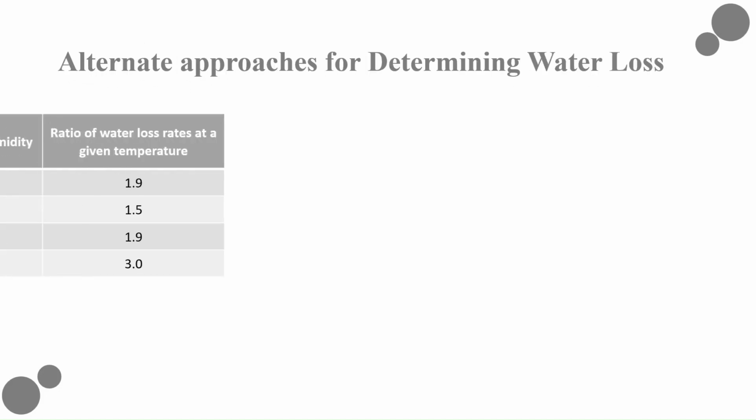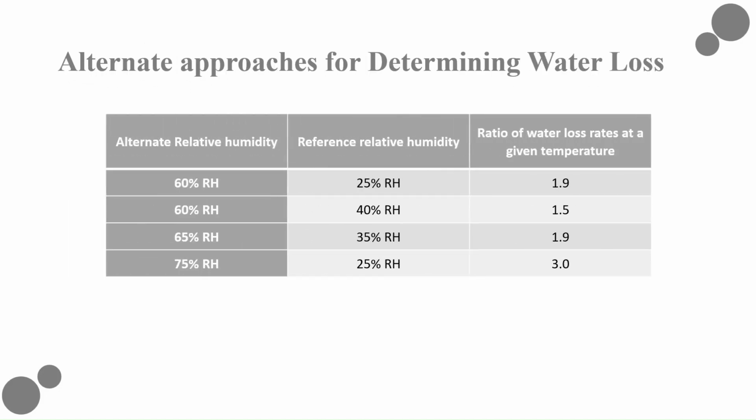For example, the alternative approach is that, let me show you the pointer. Suppose you are going to test at 25% relative humidity, but you do not have that equipment, so you can do it at 60% relative humidity.